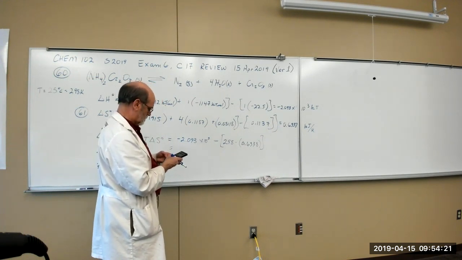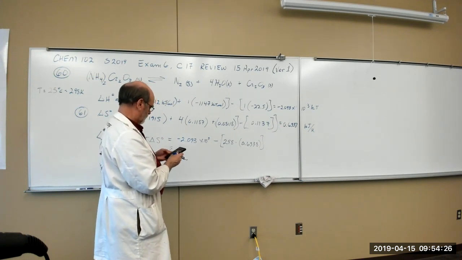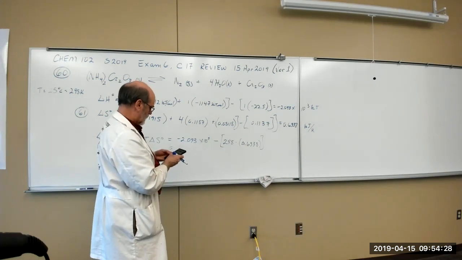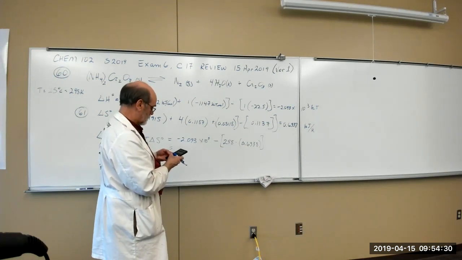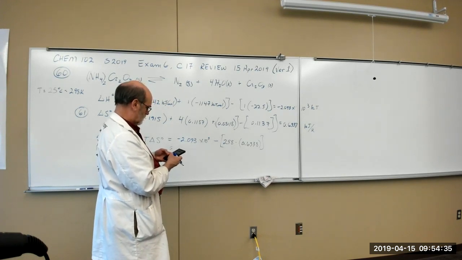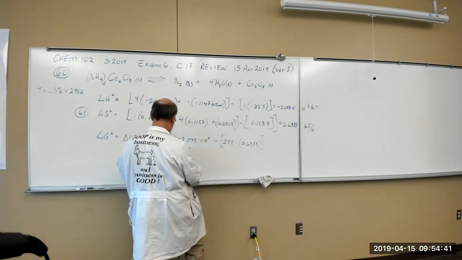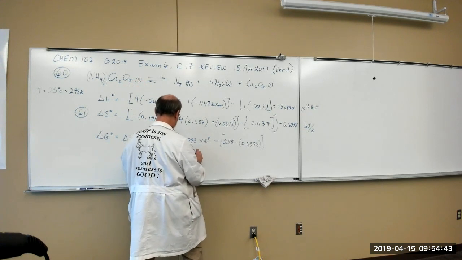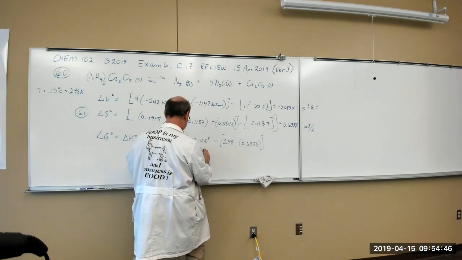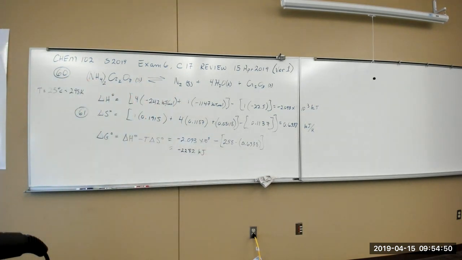Let's try that again. 298 times 0.63, and I get minus 2282 kilojoules.